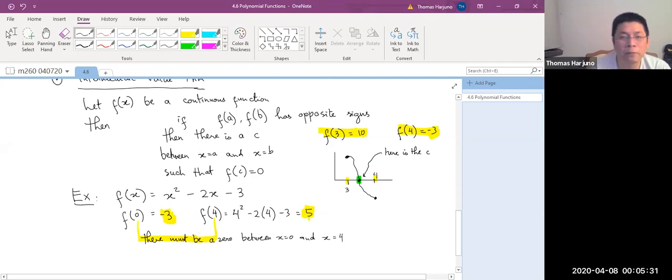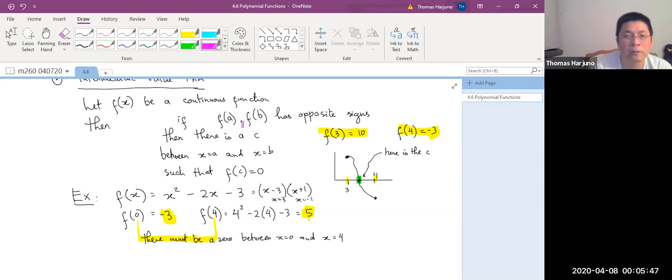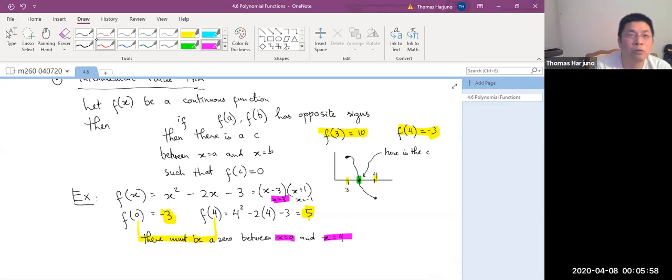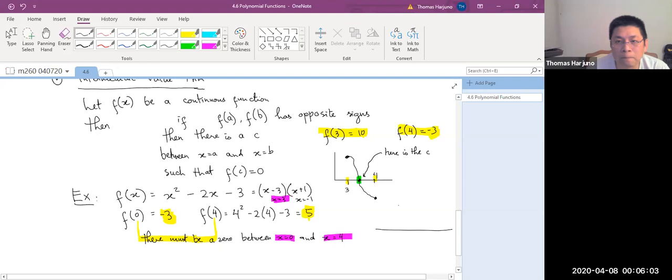In fact, we know that this quadratic function is factorable: (x minus 3)(x plus 1), right? So the zeros are x equals 3 and x equals -1. Notice that this 3 is actually between x equals 0 and x equals 4. Let me roughly graph it.